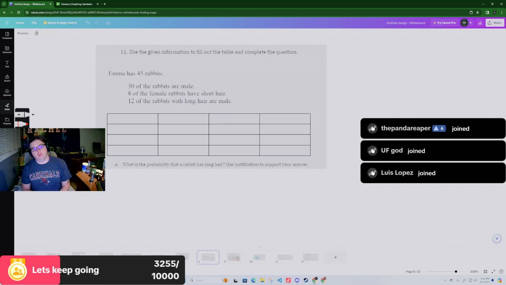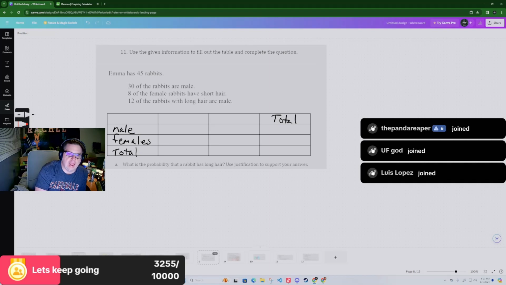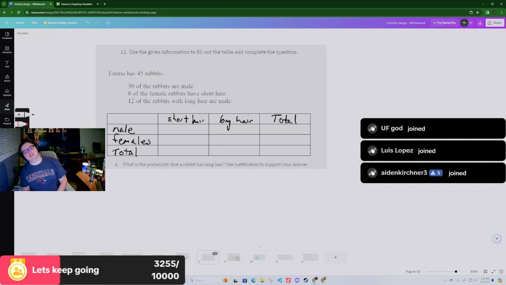All right, so we have males, we have females, and then we have total. The last one should always be total. We have short hair, and then we have long hair. Okay, so it says 30 of the rabbits are male, so that means the total number of male rabbits is 30.